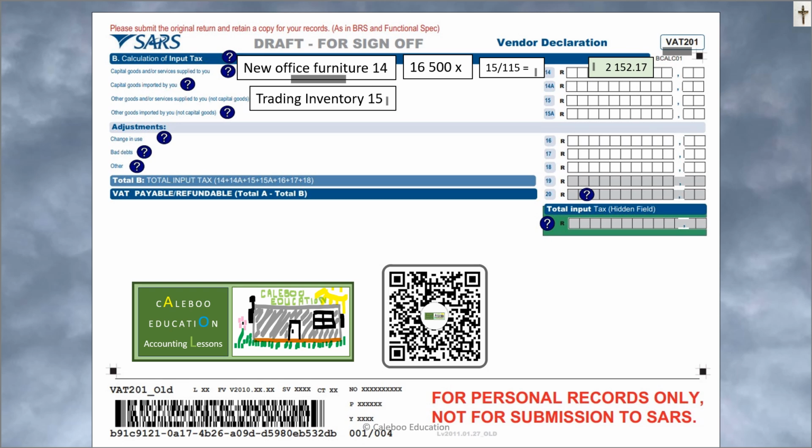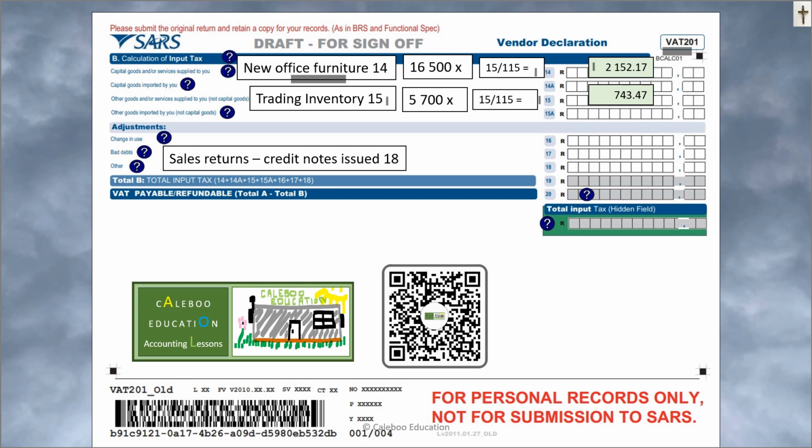We purchased trading inventory. It must go into block number 15. 5,700 multiplied by the VAT fraction is equal to 743.47. Then there were sales returns. We issued credit notes to our debtors who had returned stock or items for whatever reasons.